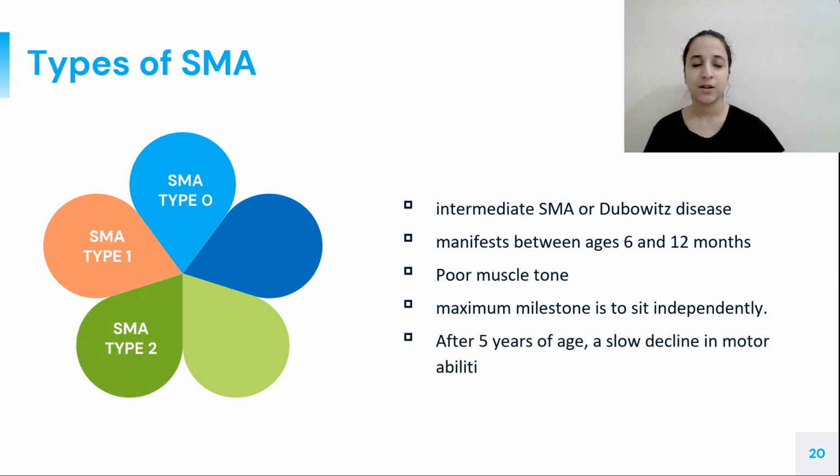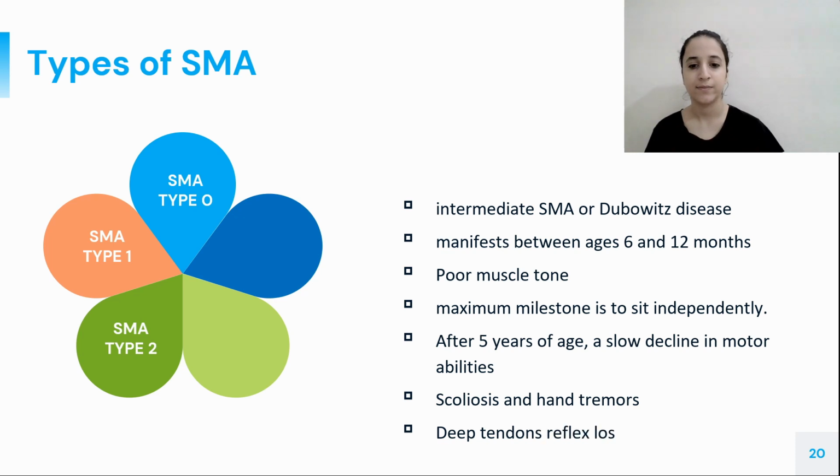But after 5 years of age, a slow decline in motor abilities is seen and the child would lose the ability to sit independently as well. Scoliosis could develop later in life and hand tremors are also present. Deep tendon reflexes are lost, and these individuals usually live up to about 25 years of age.